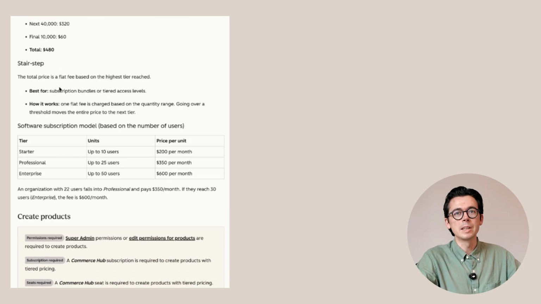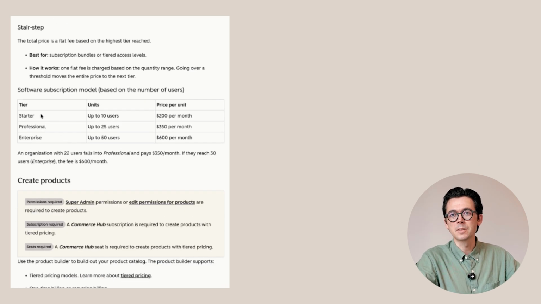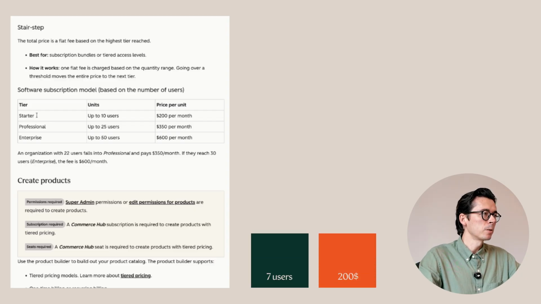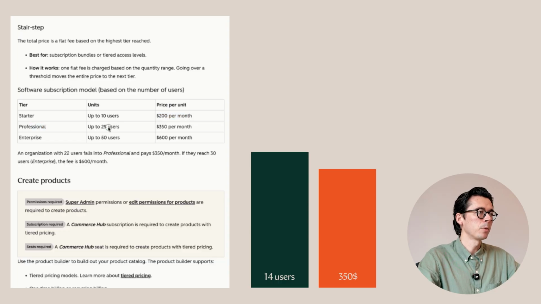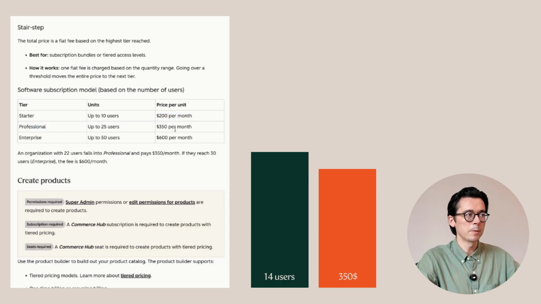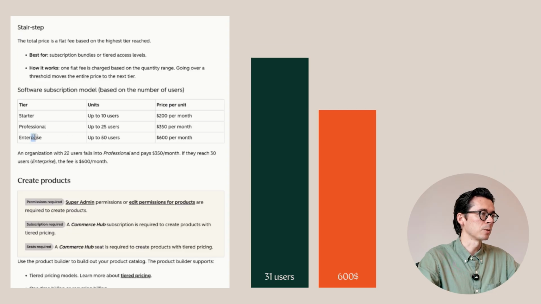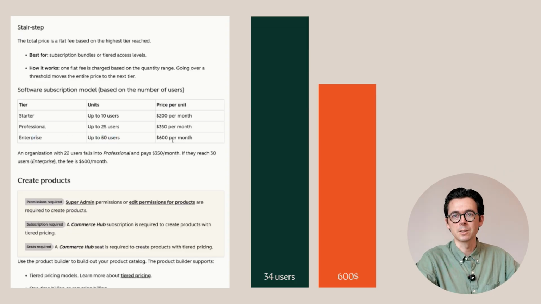And then last but not least, we have our stair step, and this is used when there's a flat fee for the highest tier reached. So let's look at an example here. If we're in our starter tier, which is up to 10 users, you'll pay $200 a month. Professional tier is up to 25 users, we'll pay $350 a month, and enterprise is up to 50 users, we'll pay $600 a month.